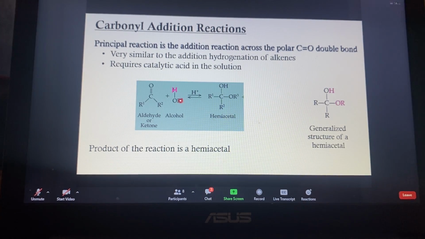And this R group can be a methyl, an ethyl, a propyl, an isopropyl, whatever. It doesn't matter. But we can treat this alcohol as one of those things where we can split it apart. I'm hoping that this is A-okay.